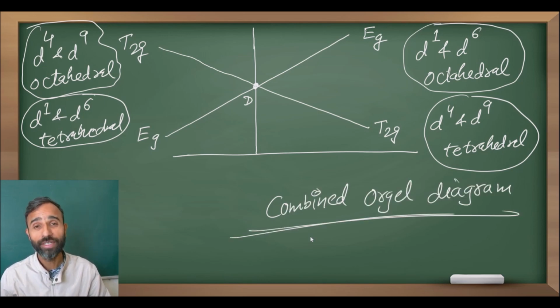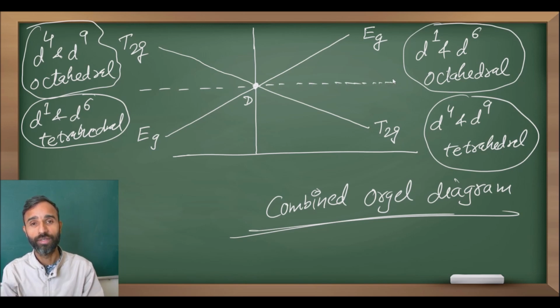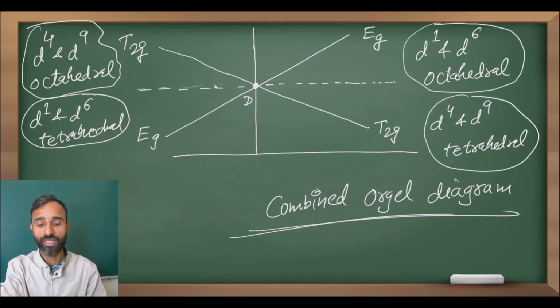And keep in mind, the Orgel diagram is applicable for high spin complexes and spin allowed transitions only. Here we show only spin allowed transitions, and at the same time this is the average energy. This is for the free metal ion. This is the very center actually.